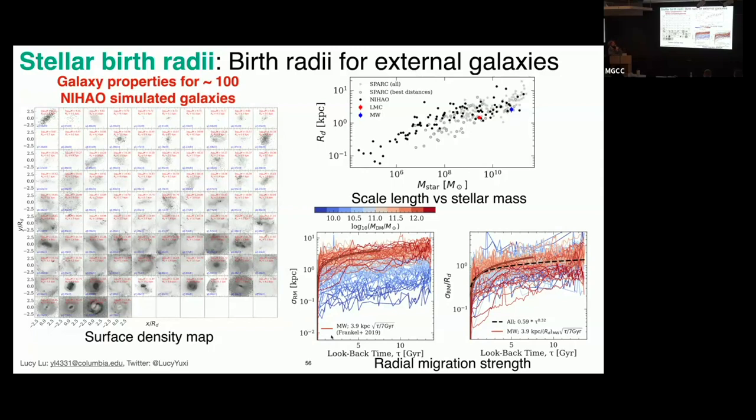And you can see that LMC mass, so basically if you normalize it by their scale length, then they kind of all sit in the same range. So for the LMC, we think that it's around maybe 0.7 to 1 kpc for 1 gigayear, but obviously it slows down over time. But yeah.